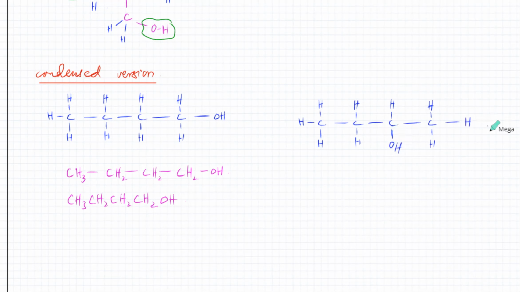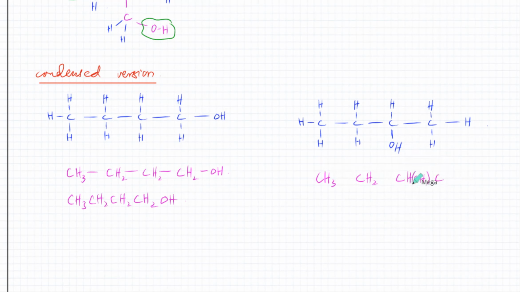So how do I write the condensed version for this one? This one is 4 carbon atoms again. The first carbon atom is C with 3 H's. The second carbon atom is C with 2 H's. The third carbon atom is C with 1 H and 1 OH.